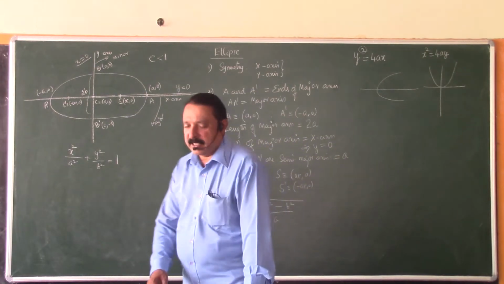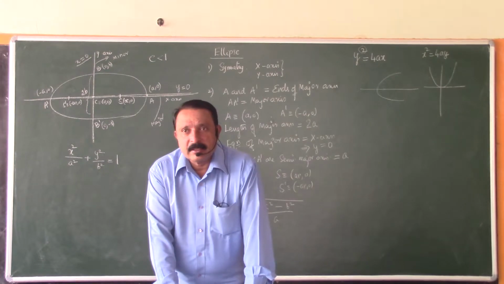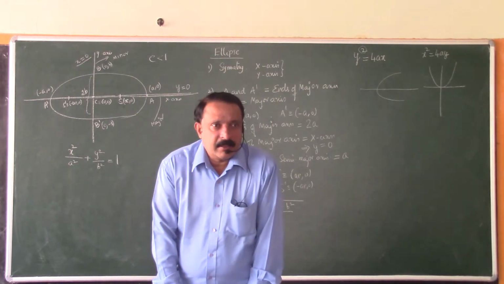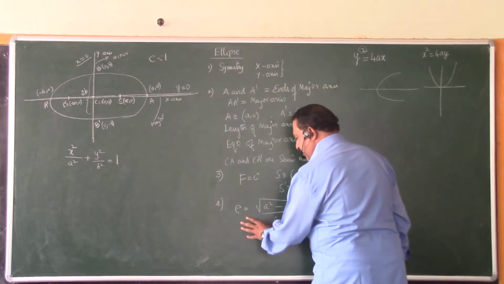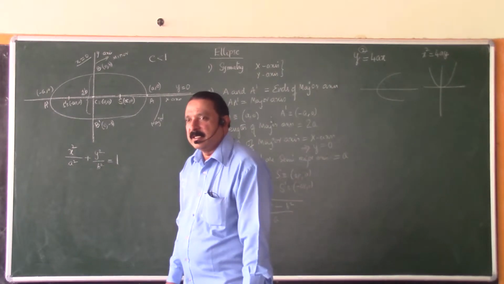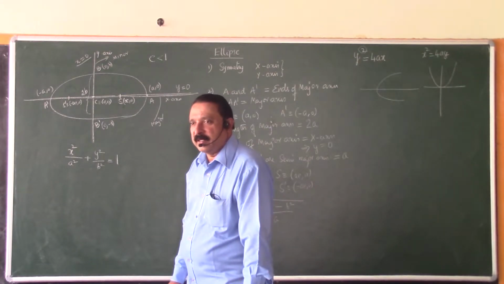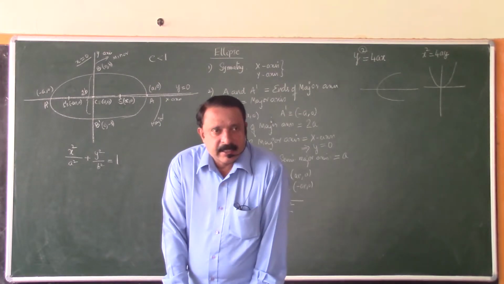Yes, you are right. So this is the formula for the eccentricity of the ellipse. E is equal to square root of a square minus b square divided by a.